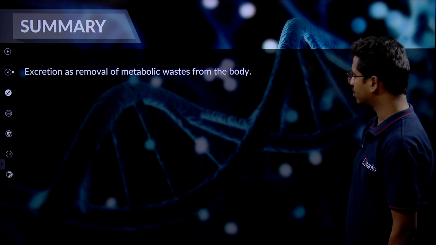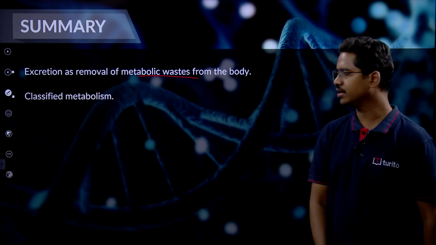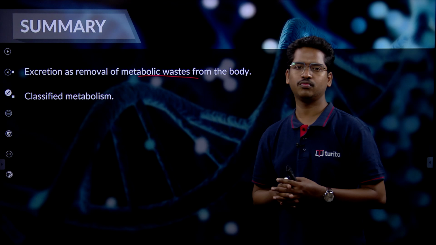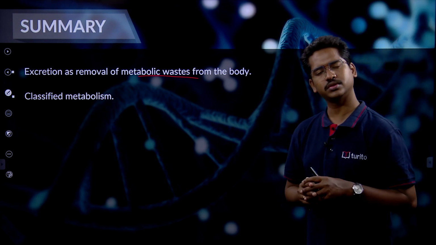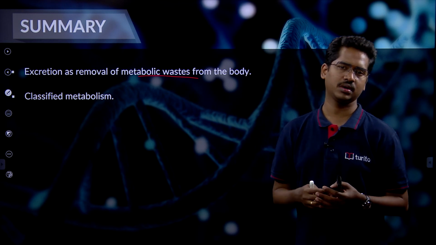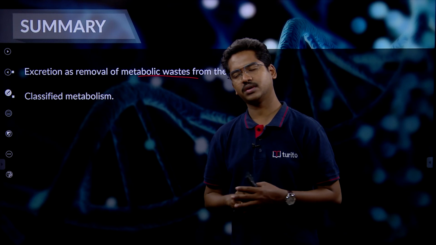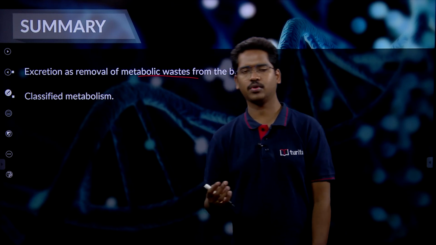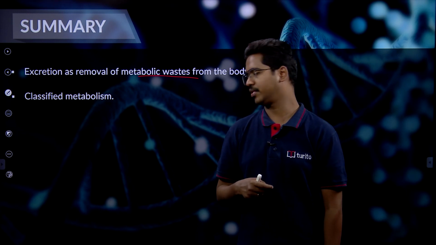So, excretion as a metabolic waste process, the removal of metabolic waste from the body. We classified metabolism into two ways: anabolism, where reactions proceed in order to make a product, and catabolism, a reaction where a substance is broken down. Either way, anabolism and catabolism lead to the generation of wastes, that is, byproducts.